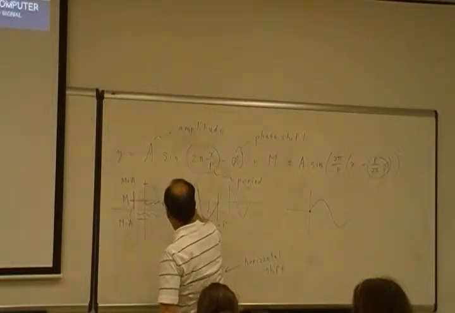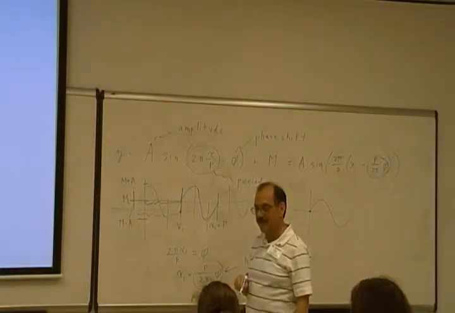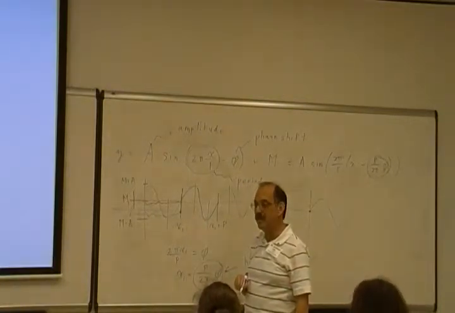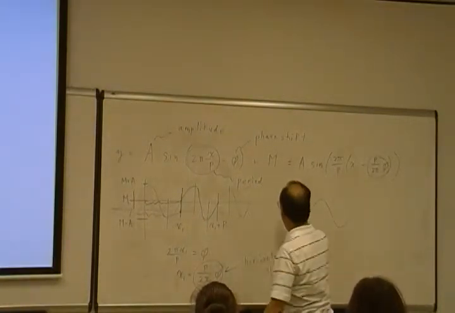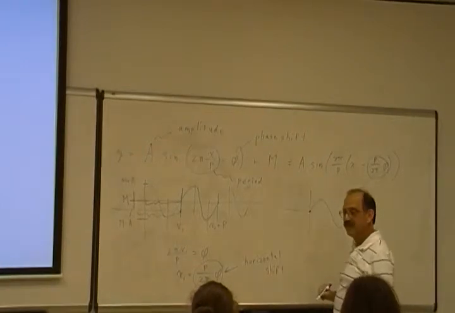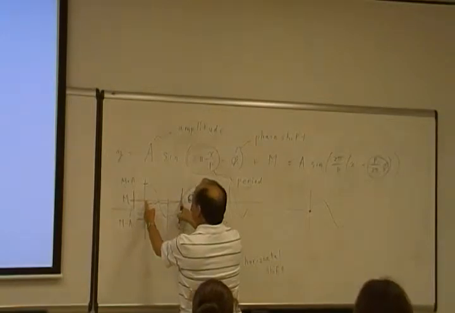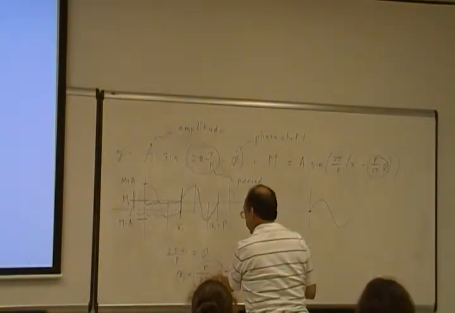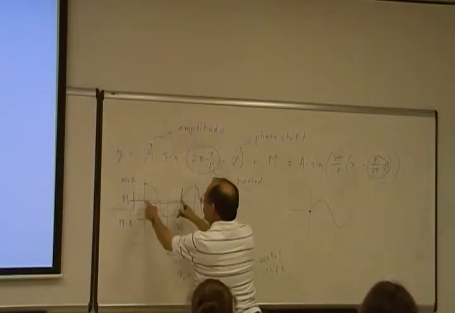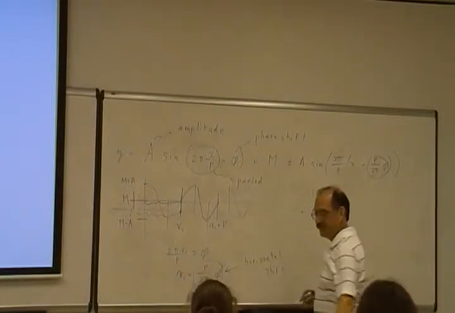This whole amount from here to here is 2 pi. When you think about it as an angle, 2 pi takes you one time through the sine curve. It is that fraction of 2 pi. Now, if you express it in terms of x, it's called the x shift. If you express it as an angle, it's called the phase shift.